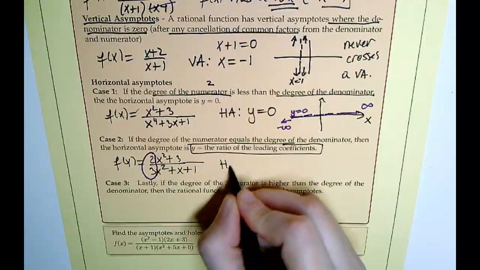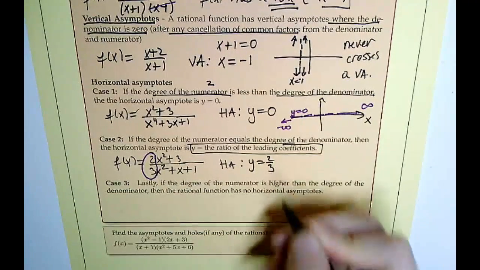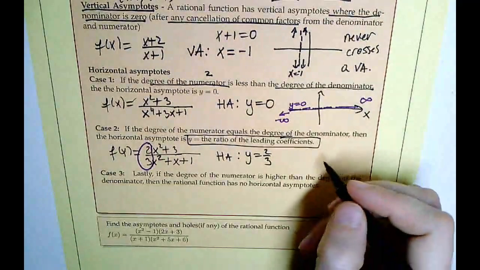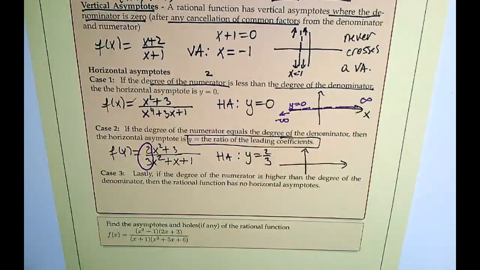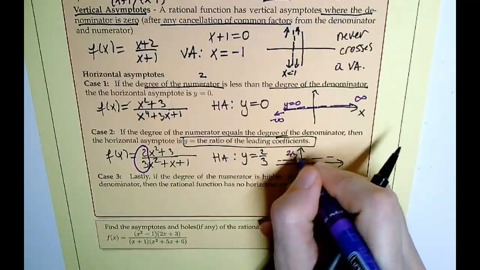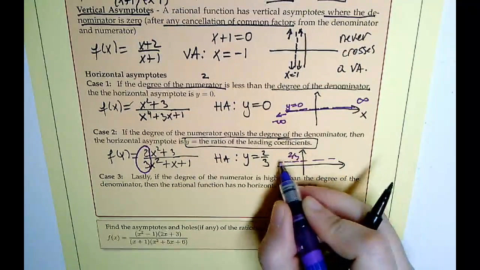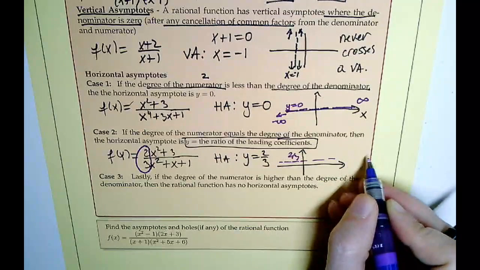So the horizontal asymptote is y equals 2/3. Let's say 2/3 is here. So the graph is going to approach 2/3 when it goes to negative infinity and when it goes to positive infinity.